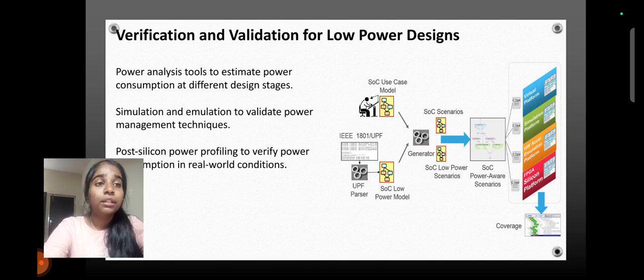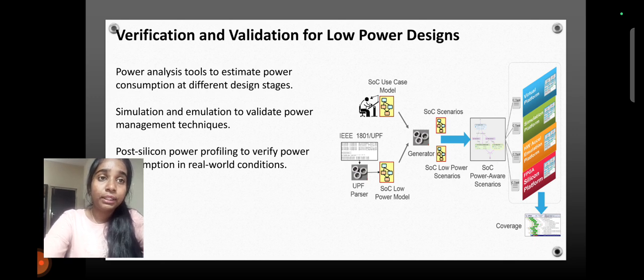In the diagram we see the SOC use case model and the IEEE 1801 UPF, which is connected to the UPF parser, which is then connected to the SOC low power model, and these two combined together are supplied to the generator.